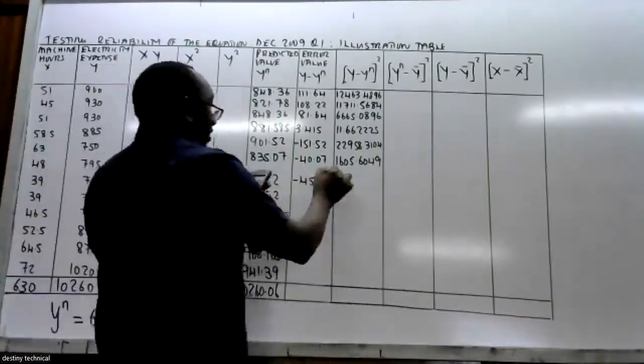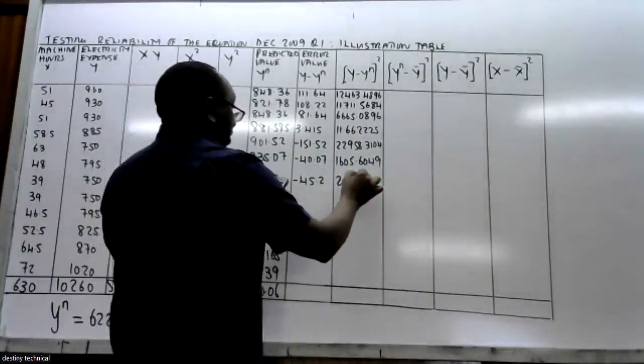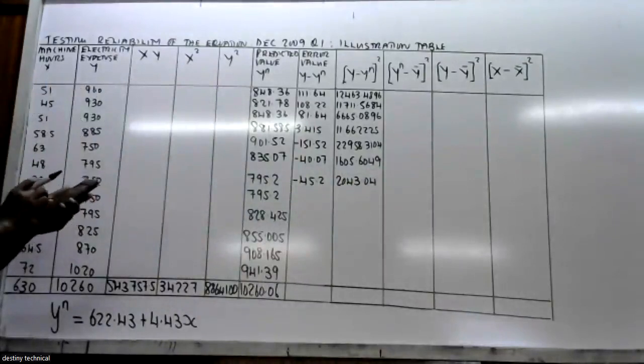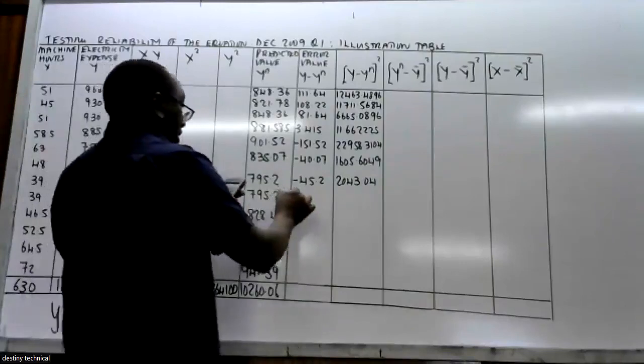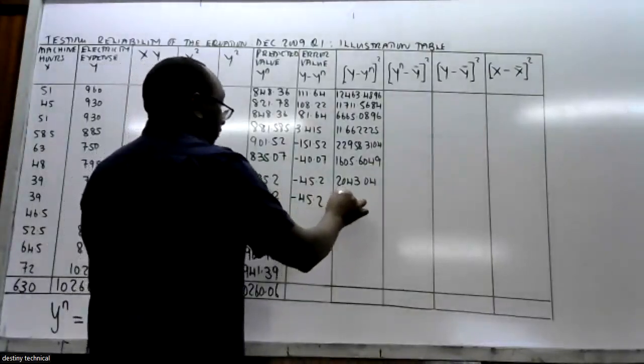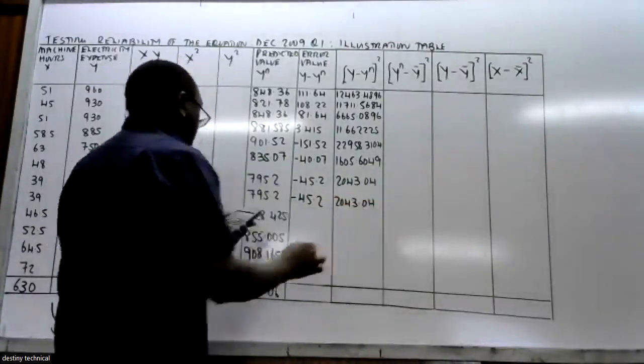You square that, you get 2043.04. Another 750 minus 795.2 is negative 45.2. So you square, you get 2043.04.